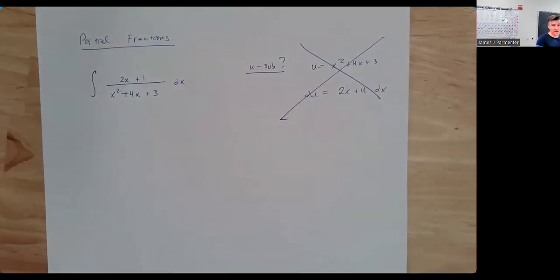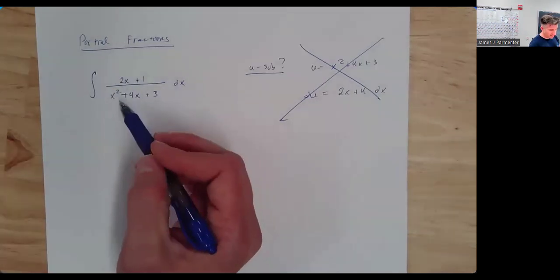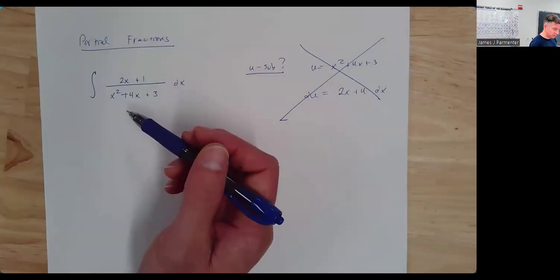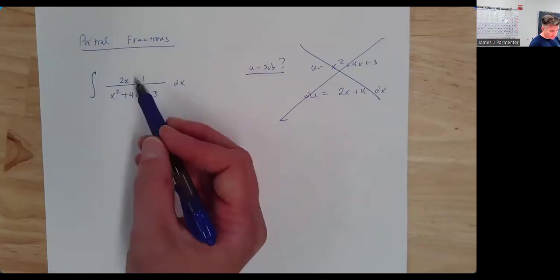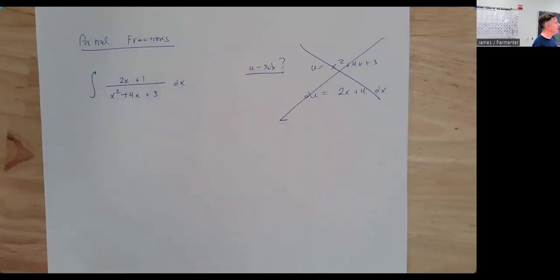So if we can't do that, then we hope we can do partial fractions, which requires a few things to be true. You have to be integrating a rational function, a polynomial divided by a polynomial. The degree on top has to be strictly less than the degree on the bottom. If the degree on top is equal to or bigger, we first have to do polynomial division. And then if those two things are true, the denominator also has to factor.